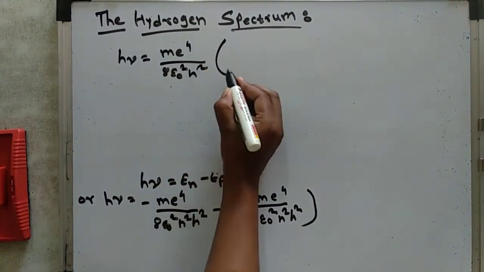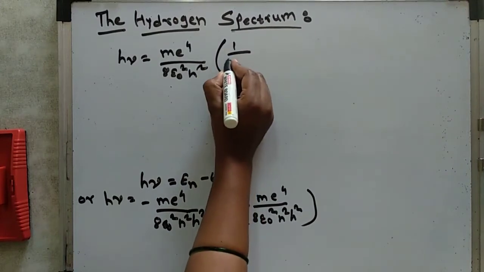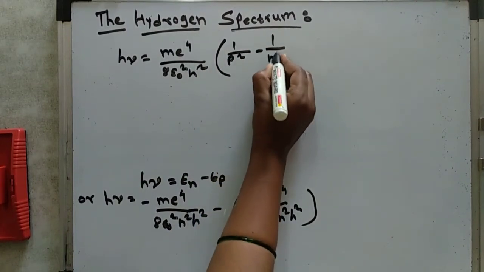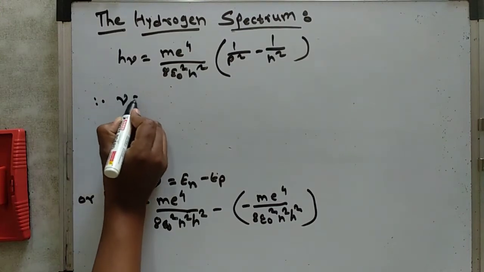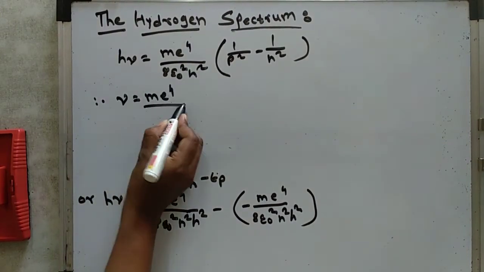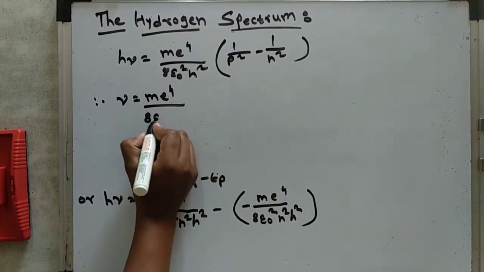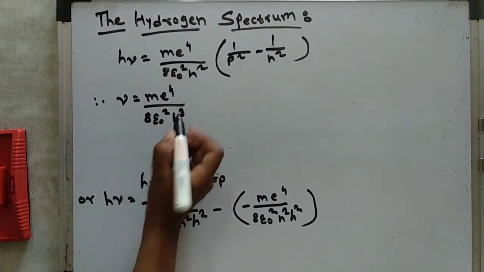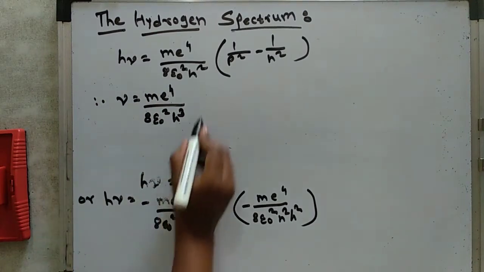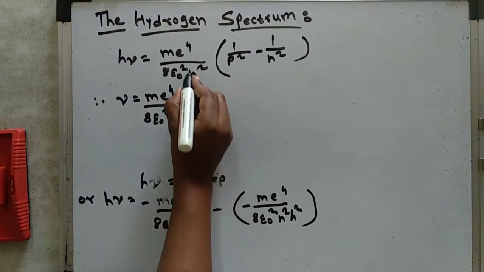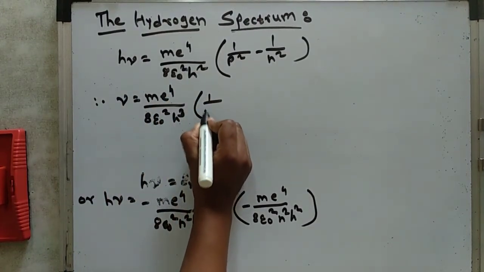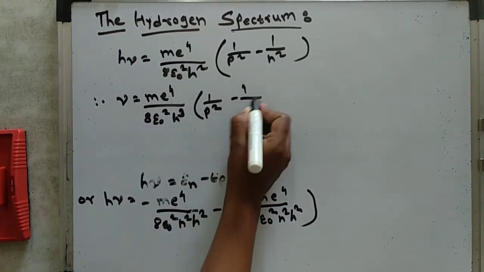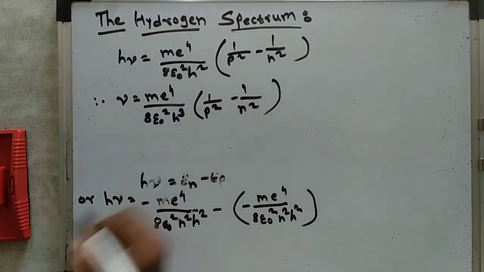The remaining terms we write as 1 upon p square minus 1 upon n square. Therefore, nu equals me raised to 4 upon 8 epsilon naught square h cube into 1 upon p square minus 1 upon n square.